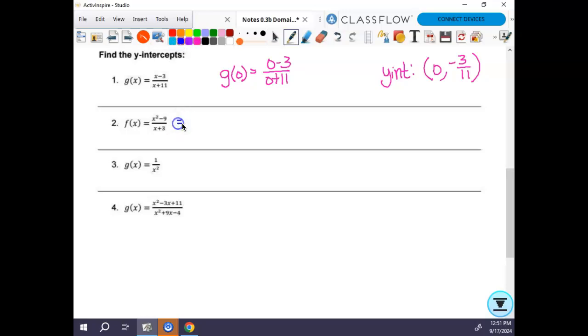All right, so then I look at number 2. I'm going to factor this. X plus 3 times x minus 3 over x plus 3. Can I reduce that? Yes, I can. That means that my point discontinuity, what's the y value for that? Negative 3. Good. And then my reduced function is x minus 3, right?